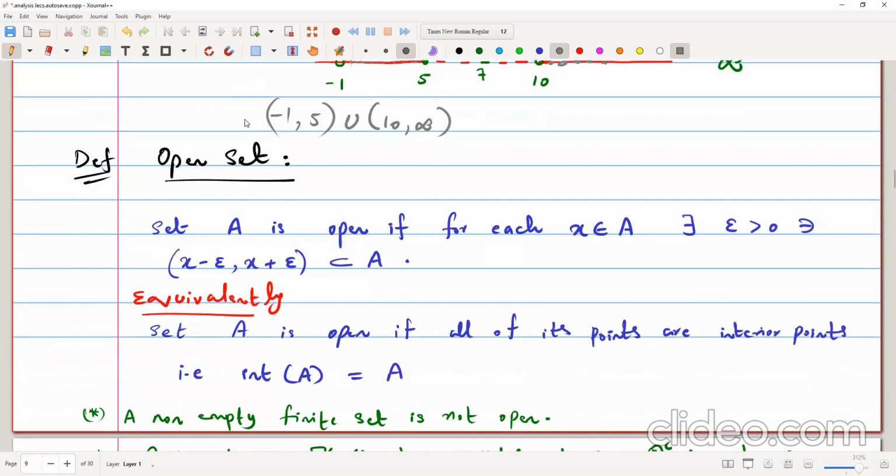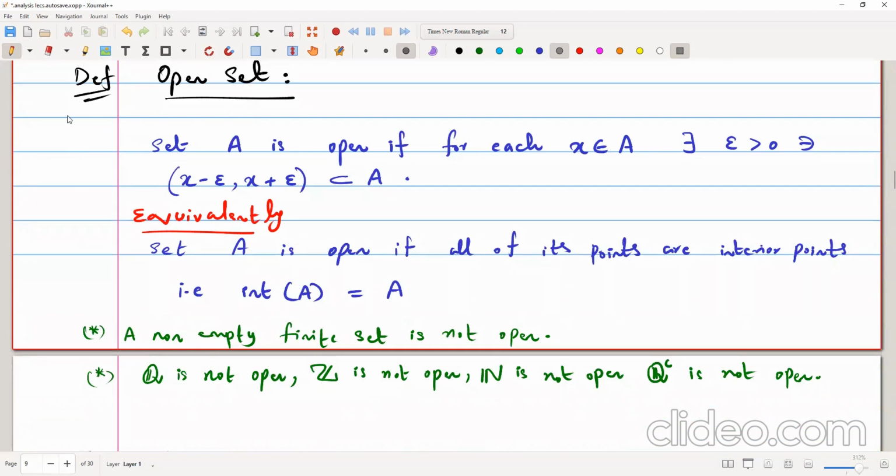Now we talk about open sets. So what is an open set? Set A is open if for each x belonging to A, meaning for every point belonging to A, there exists an epsilon greater than 0 such that (x minus epsilon, x plus epsilon) is contained in A. This definition is very much compatible with the definition of interior points.